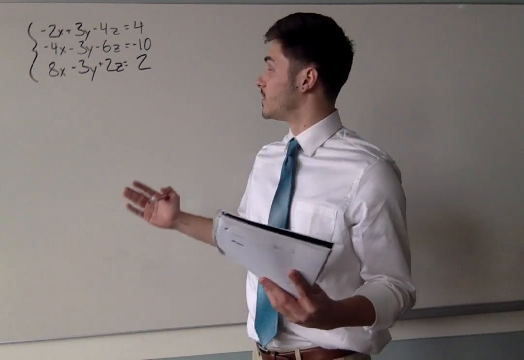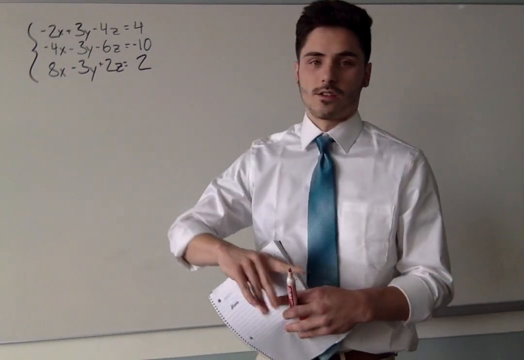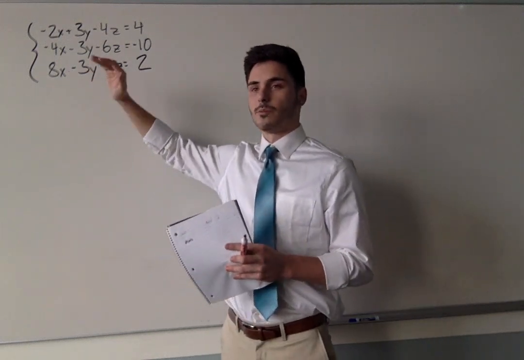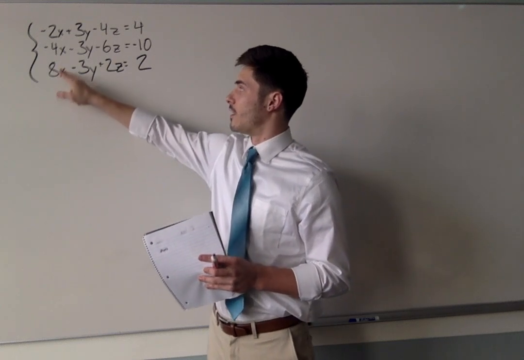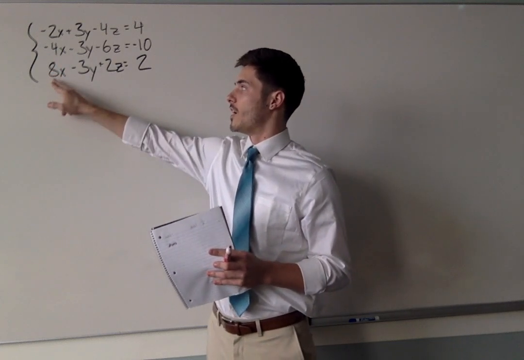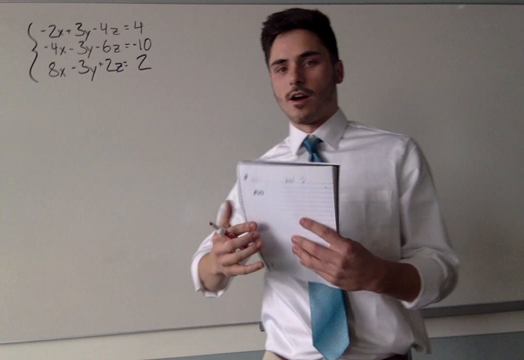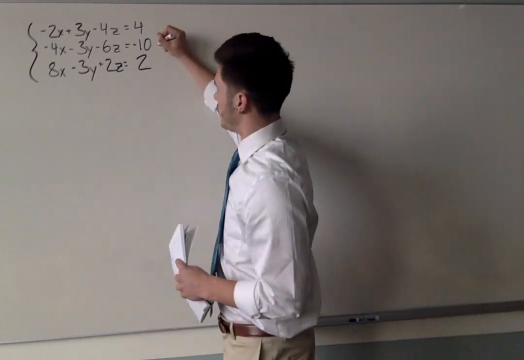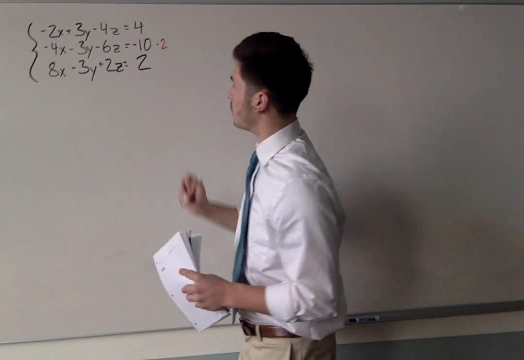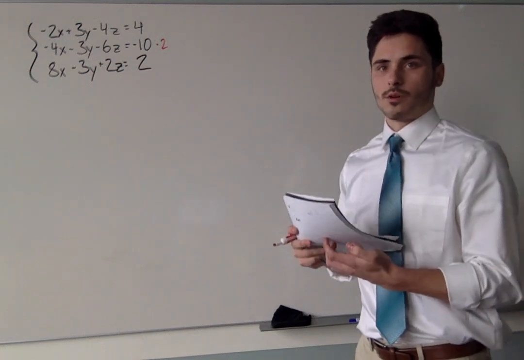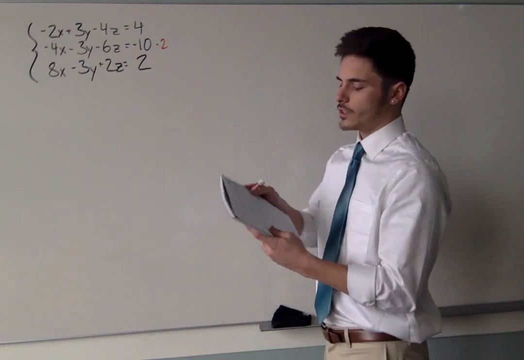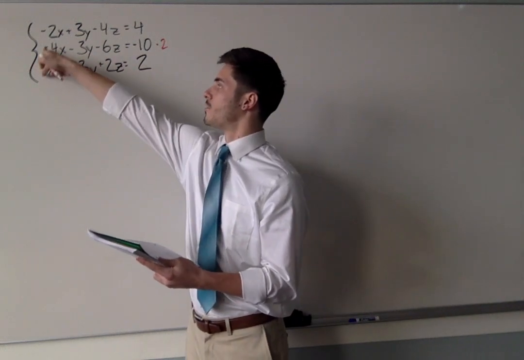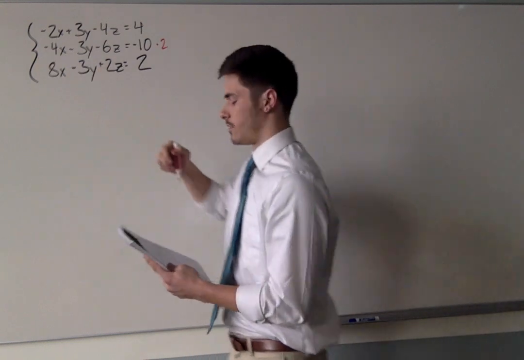But something that I do see, looking at this right away, is that since we're trying to eliminate the x variables first, negative 4 and 8 can easily cancel each other out if we multiply this middle equation by 2. So that's going to be my first step. I'm going to multiply that equation by 2, and that way we can get these two terms to be opposites.